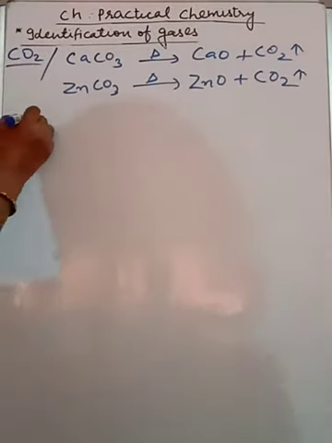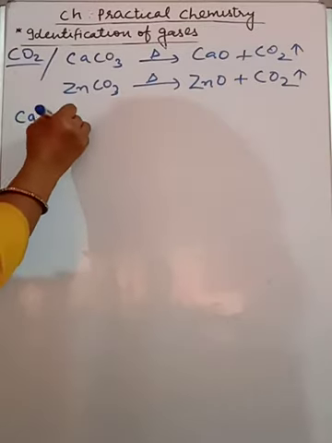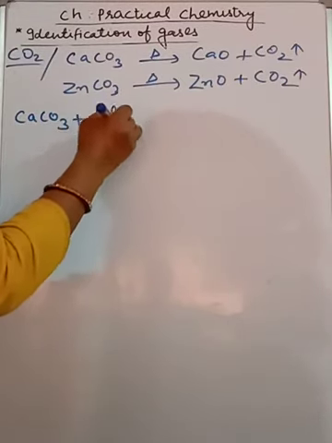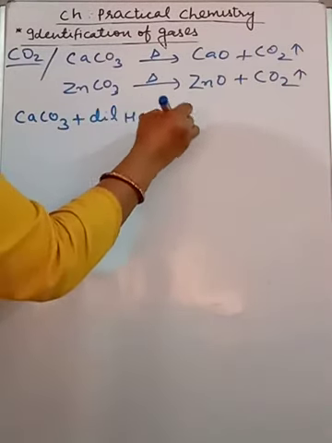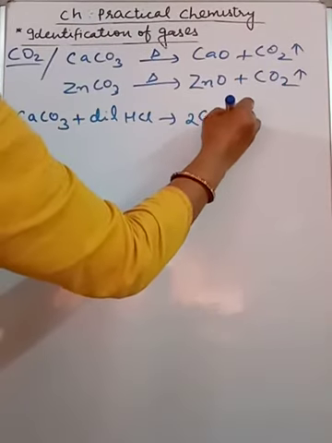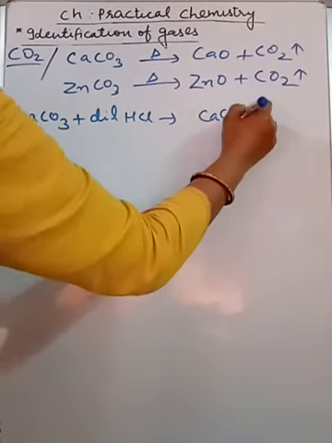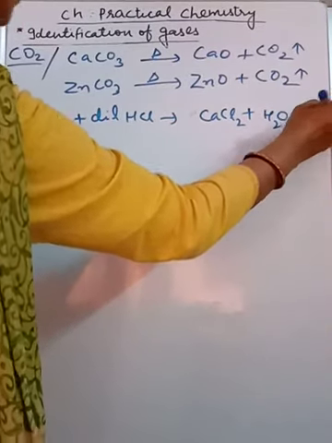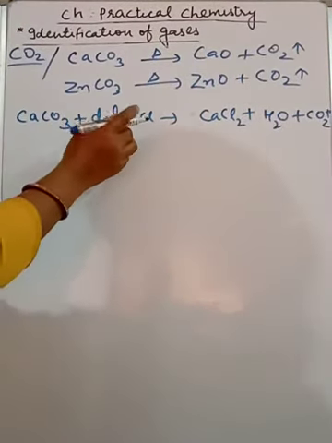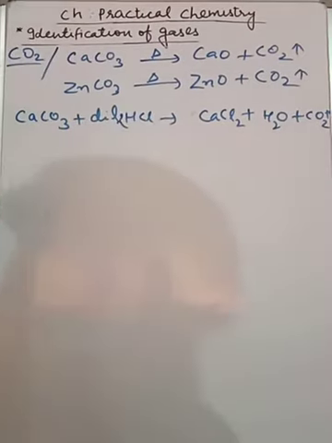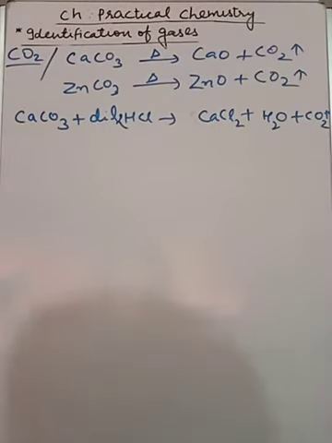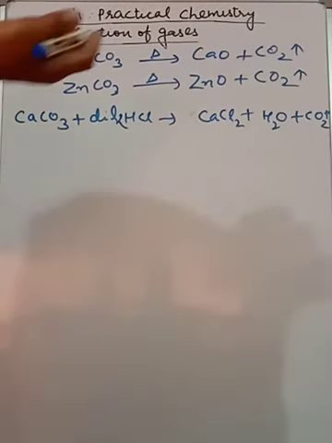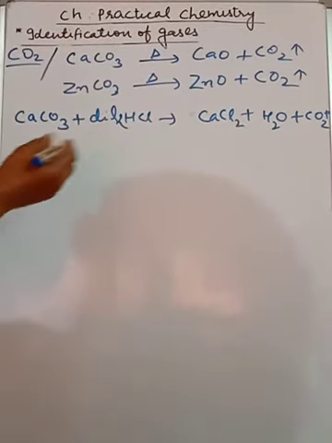At the same time, when you take metal carbonate plus dilute HCl, here also you will get CaCl2 plus H2O, metallic salt, water and CO2 gas. For this you have to take care of the balancing part, correct? So in both cases, now how can we identify the coming out gas must be carbon dioxide?